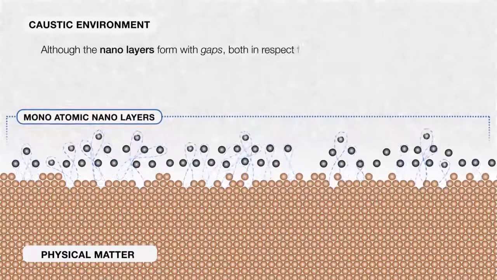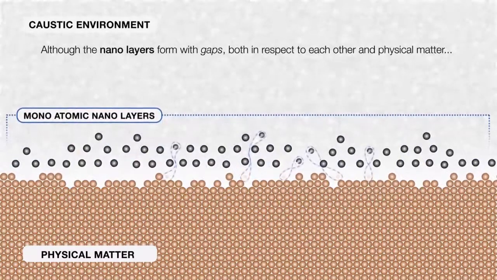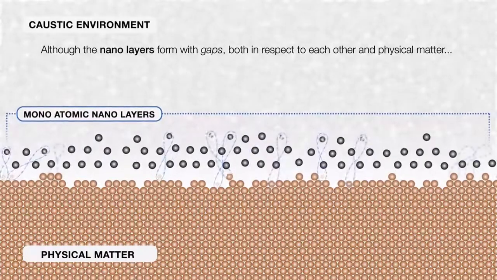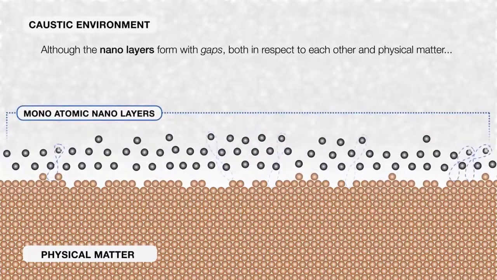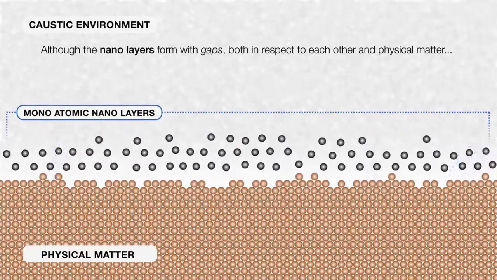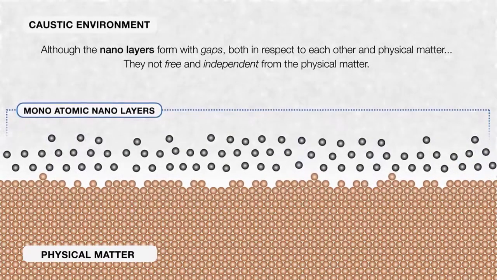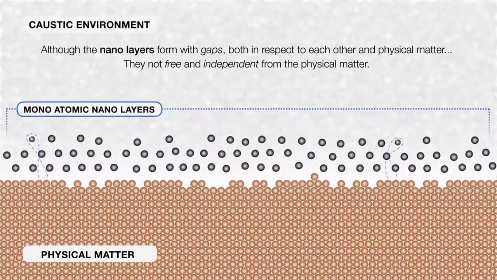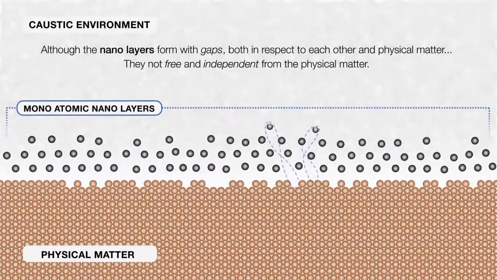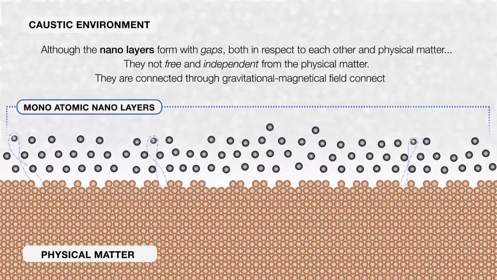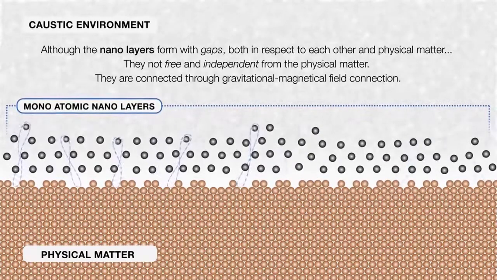So although the nanolayers form with gaps both in respect to each other and physical matter, they're still connected to the matter, but they've positioned themselves. They're not free and independent from the physical matter. They are connected through gravitational magnetic field connection.